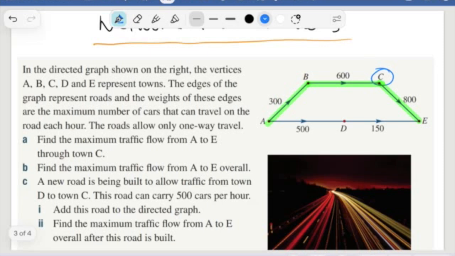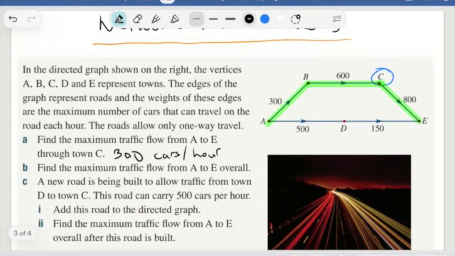So the 300 cars, they're going to be our rate limiting road. So here, the maximum traffic flow at any period of time from A to E, passing through town C, is going to be 300 cars per hour.